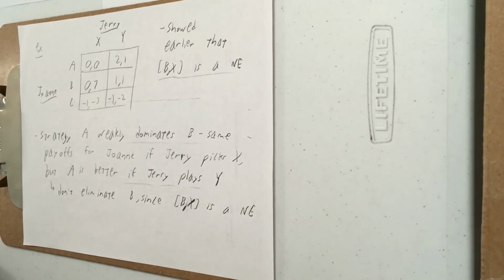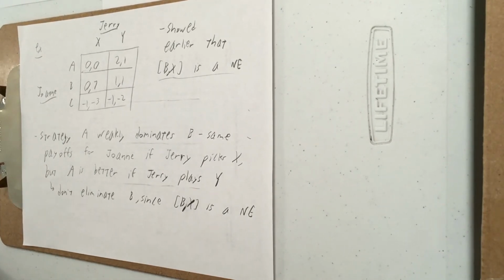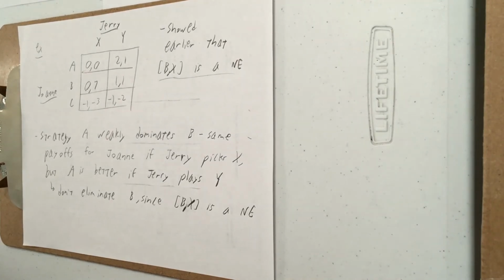Now, there is a strategy here, though, that can safely be eliminated. Do you see it? If it's not immediately obvious to you, go ahead and pause the video and think about it, and when you're ready, press play.